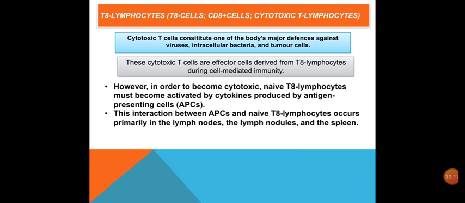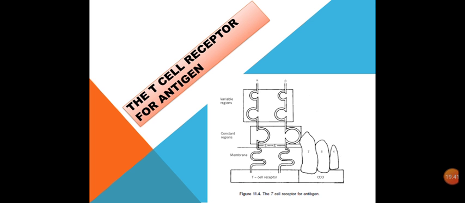However, in order to become cytotoxic, naive T8 lymphocytes must become activated by cytokines produced by antigen-presenting cells. This interaction between antigen-presenting cells and naive T8 lymphocytes occurs primarily in the lymph nodes, the lymph nodules, and the spleen.